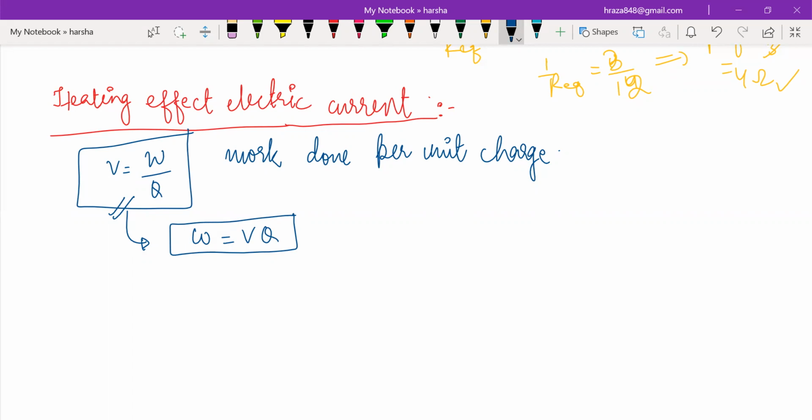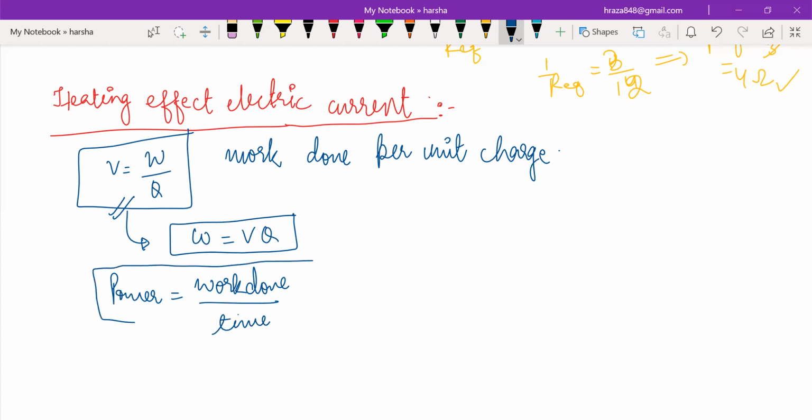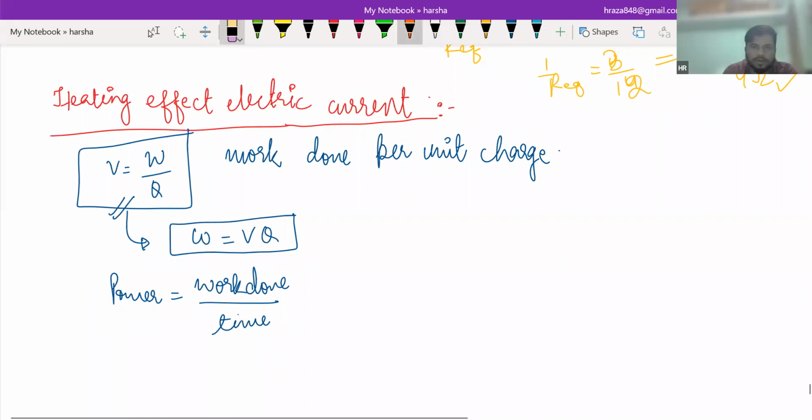And from class 9th, you have studied in work, power, energy. Power is equal to work done per unit time. That means power is work done upon time.